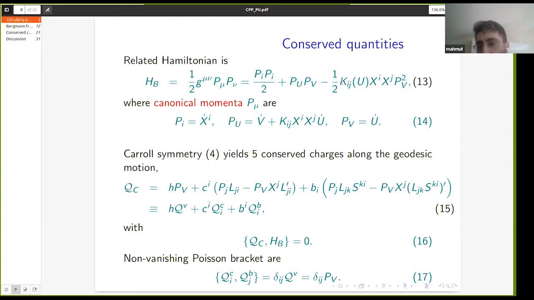Then you can just equate it because now you can say I am working only with massless geodesics, and the massless condition is p squared is equal to 0, right? This is the momentum squared should be equal to minus m squared.